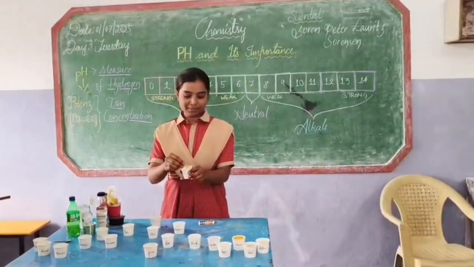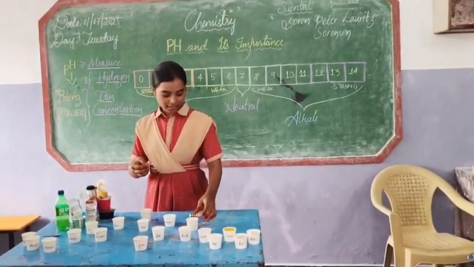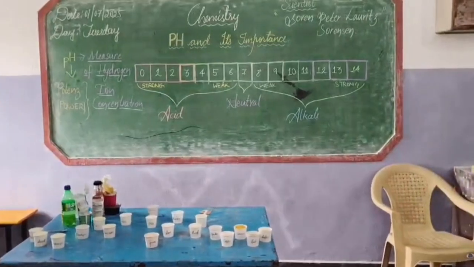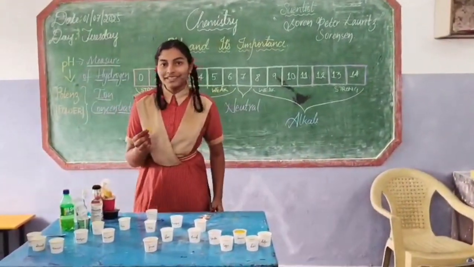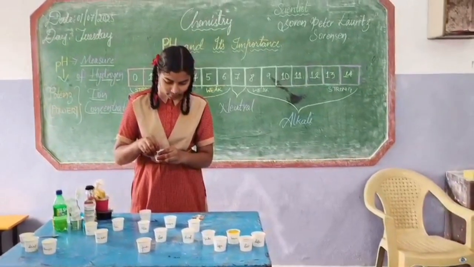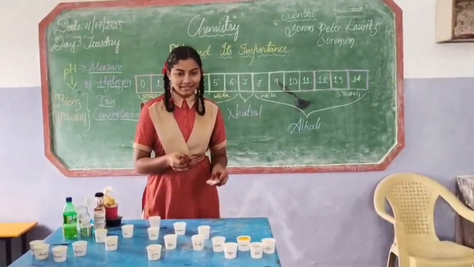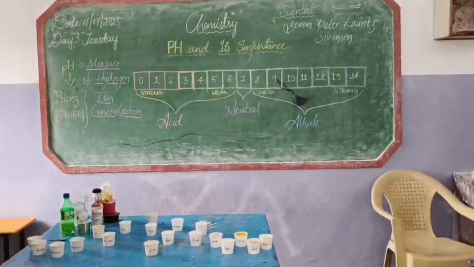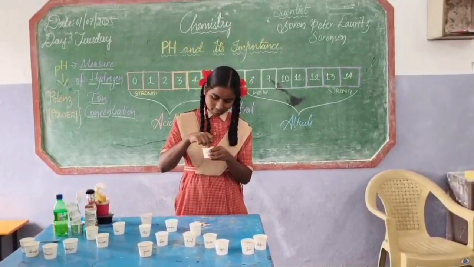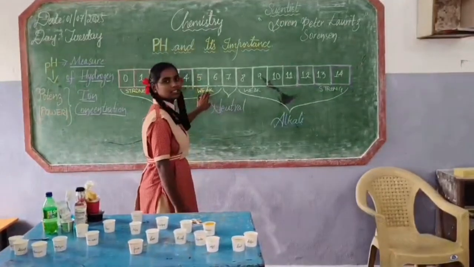Now I am dipping the pH paper in curd. 6 is the acid.